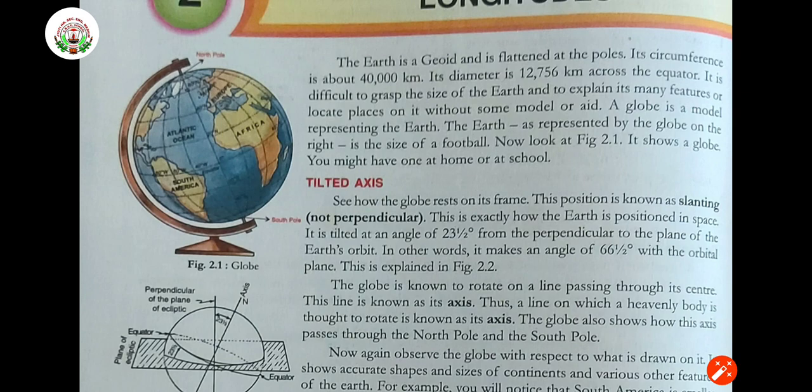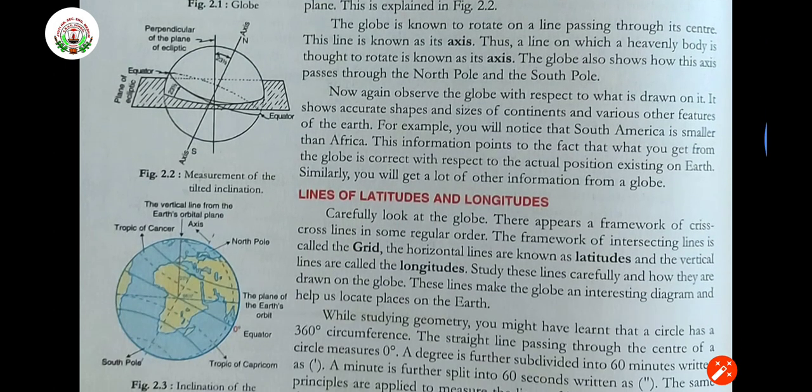You can see that South America is smaller, Africa is bigger, and in the same manner you can find the exact details of other continents also. This information points to the fact that what you get from the globe is correct with respect to the actual position existing on earth. Actually the earth's position is like that only. Similarly you will get a lot of other information from the globe.